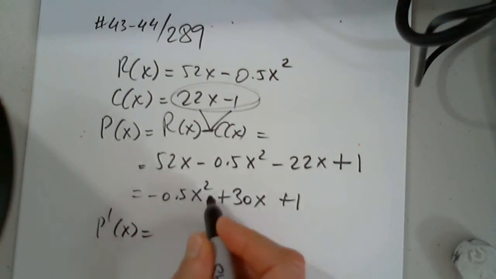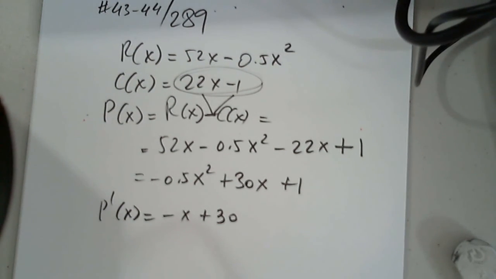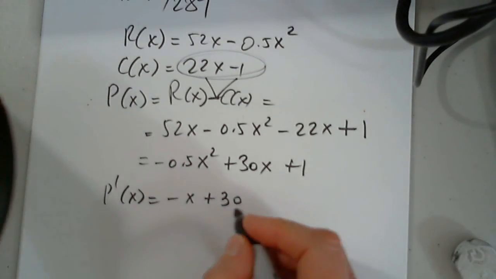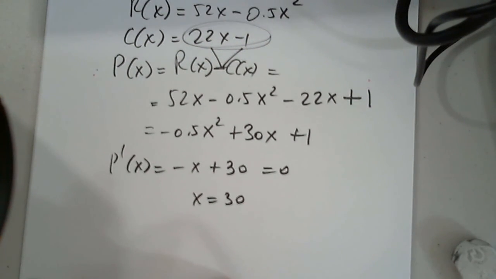Awesome. So this will be negative x plus 30. Excellent. I found the derivative. Now what do I do? Find where it's equal to 0. Very good. So then I have x equals 30.